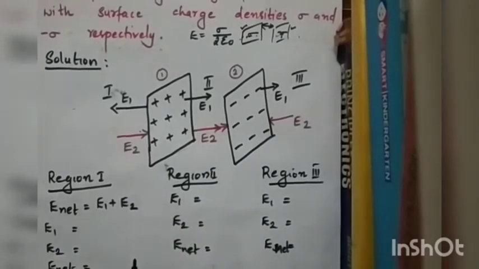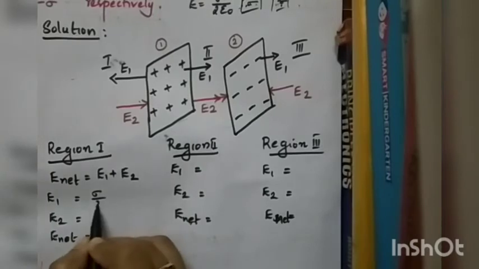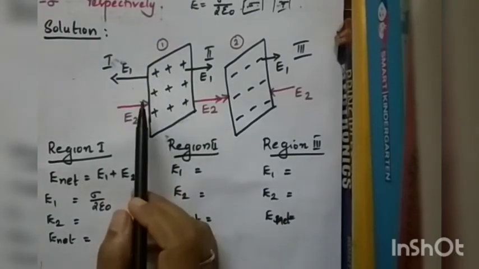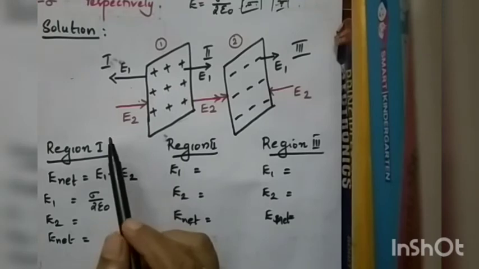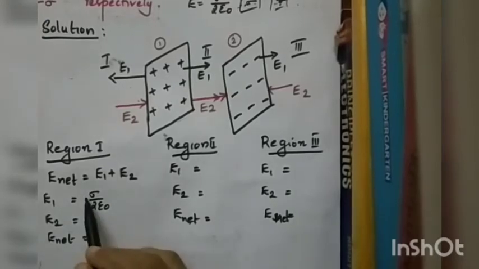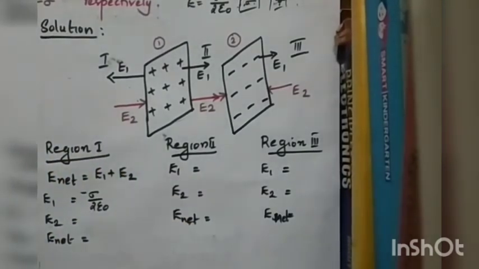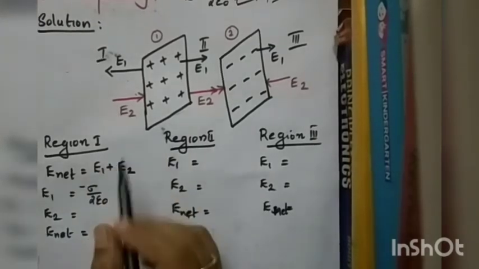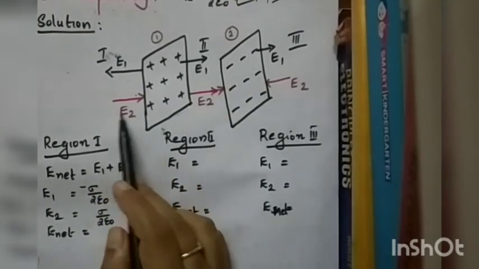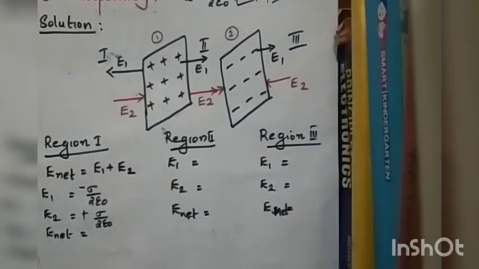The net electric field will be E1 plus E2. E1 has magnitude sigma by 2 epsilon naught, because it is the electric field due to a single sheet, which we found earlier using Gauss's law. But its direction is along the negative x-axis, so we consider it negative. E2 also has magnitude sigma by 2 epsilon naught, as it is the field due to a single sheet, and it is positive because it acts along the positive x-axis.